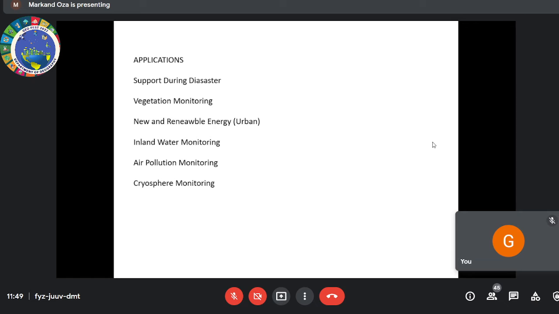And try to conclude with the message I want to convey. Now, in applications, I want to touch upon disaster management, how Earth observation can support, how it can and is supporting vegetation monitoring, new and renewable energy, including over urban areas, quick slides on inland water monitoring, air pollution, and cryosphere monitoring.